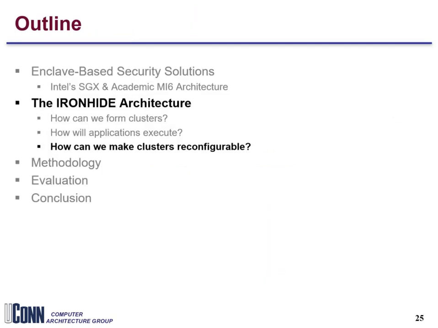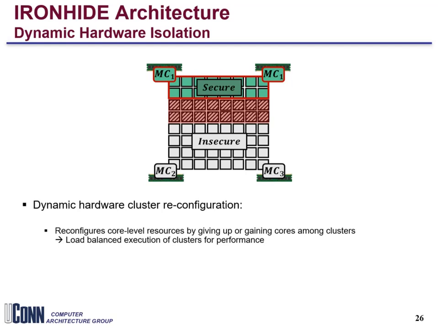So now that we know how applications will execute on IronHide, let's try to understand how the dynamic reconfiguration capability is added to the system. To achieve load balance performance, IronHide enables a capability called dynamic hardware isolation to reconfigure core-level resources across the clusters, such that the secure cluster can gain or give away cores to the insecure cluster.